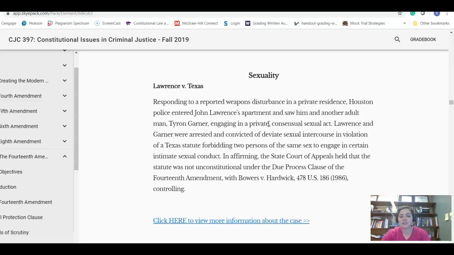Texas had a criminal statute where deviant sexual intercourse was criminalized. And they were prosecuted and convicted of deviant sexual intercourse solely because of their partners. The act of sodomy is acceptable for a man and a woman to be engaged in, but not two women or two men. And so Lawrence and Garner both appealed their convictions.